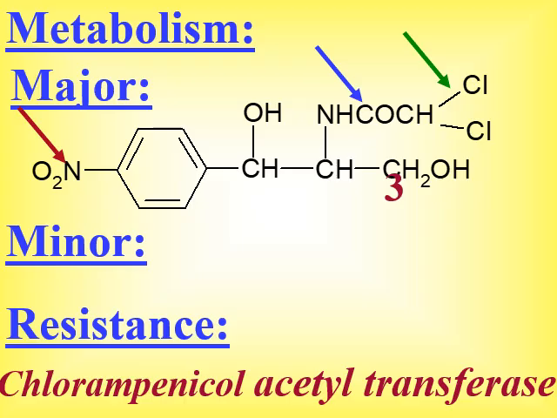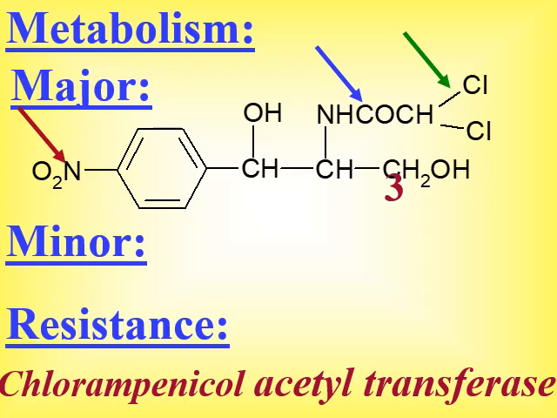What is the metabolism of chloramphenicol? Here, carbon 3 can undergo phase 2 metabolism, forming 3-O-glucuronide, which is the major metabolism.